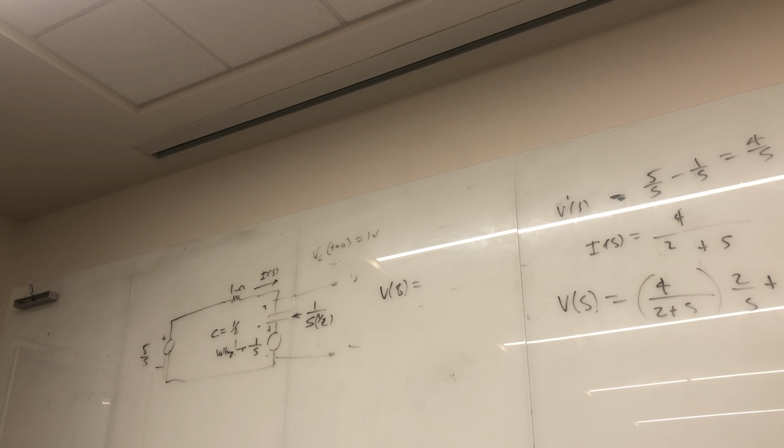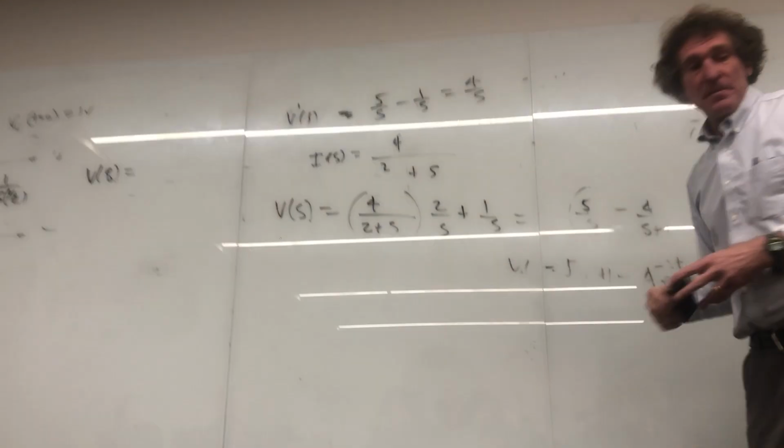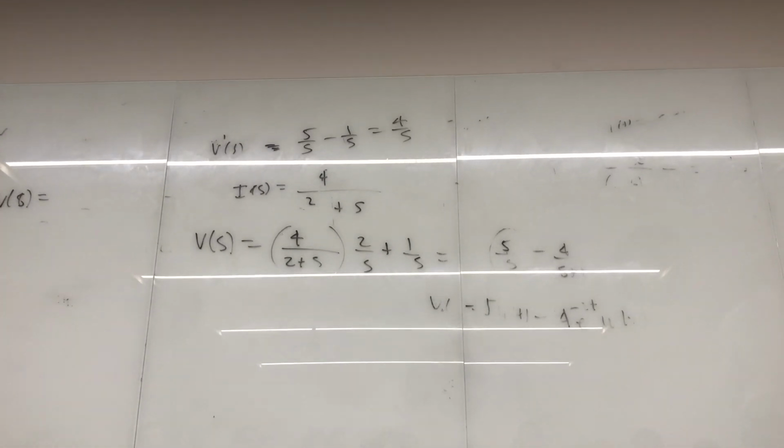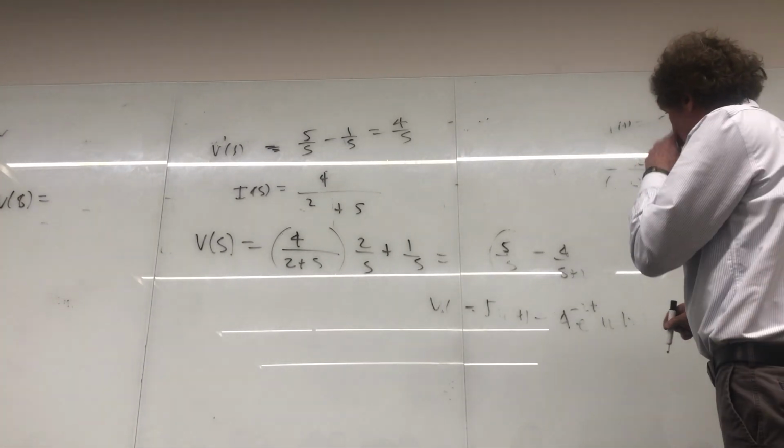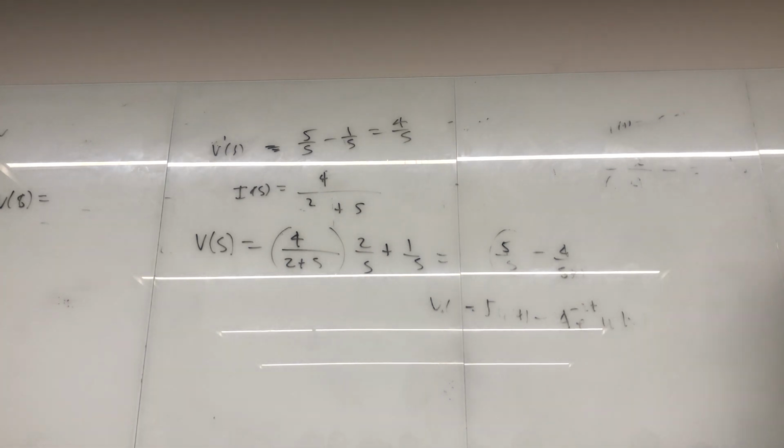Can you re-explain after you did the 2 over s plus 1 over s, the stuff you just started to erase? Oh, how did I get that? Well, here's what I had. I had 5 over s plus 4 minus 4 over s plus 2, right?